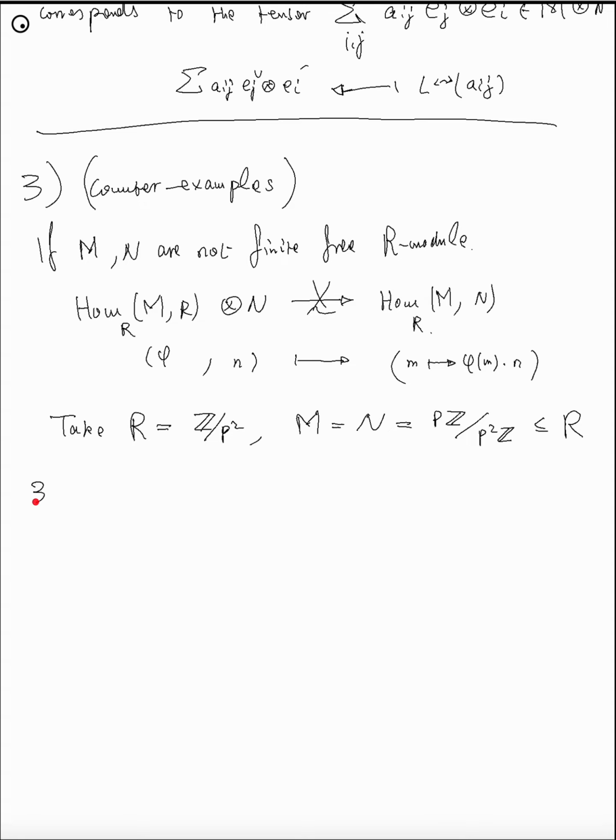Now small exercise 3.1. Check that M dual is isomorphic to M. 3.2. Check that M tensor product with itself is isomorphic to itself. Sub exercise 3.3.